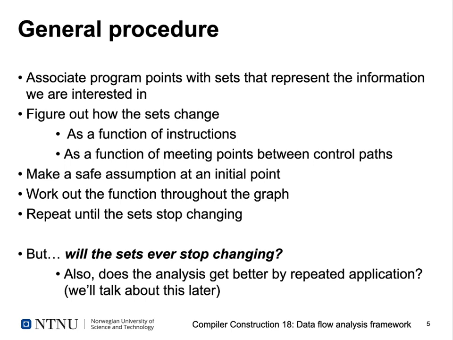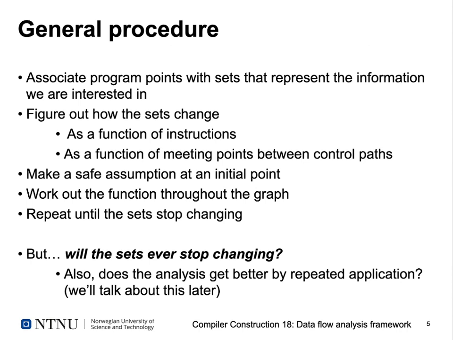So from our liveness analysis of our last lecture, we can now deduce a general procedure of how to do this kind of analysis. In general, we associate program points with sets that represent exactly the information we're interested in, like the liveness of variables. After that, we figure out how these sets actually change, and these sets can change either as a function of instructions or as a function of meeting points between control paths.